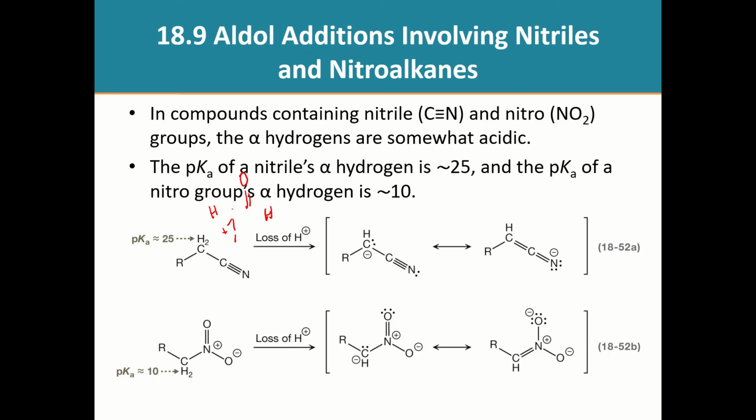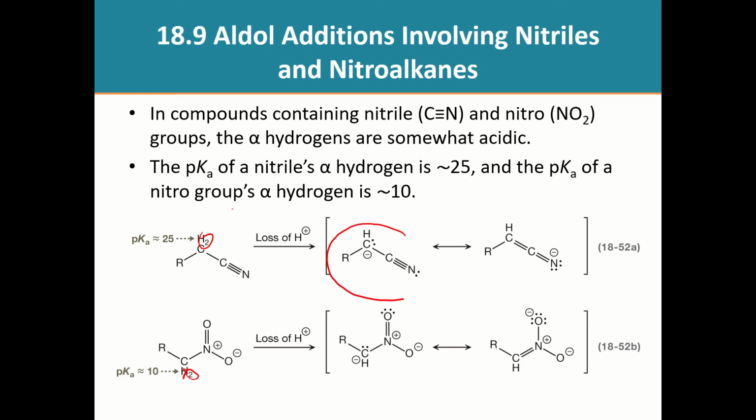So the carbon-hydrogen bonds that are directly adjacent to this carbon here are going to be acidic. And so when you add a base to this nitrile or this nitro group, it's going to abstract one of these hydrogens and form an, I was about to call it an enolate, but it's really not an enolate.